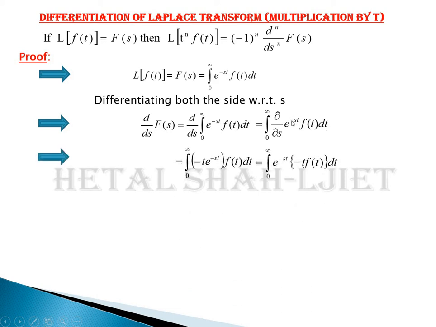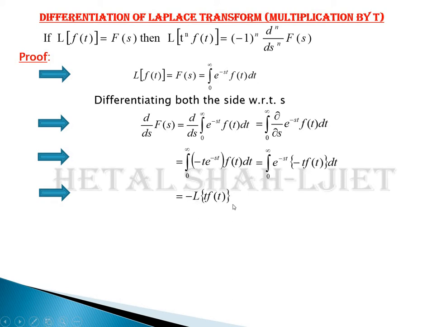Now the derivative of e raised to minus st with respect to s is minus t e raised to minus st. We can write this term as e raised to minus st and minus t into f of t in this bracket.